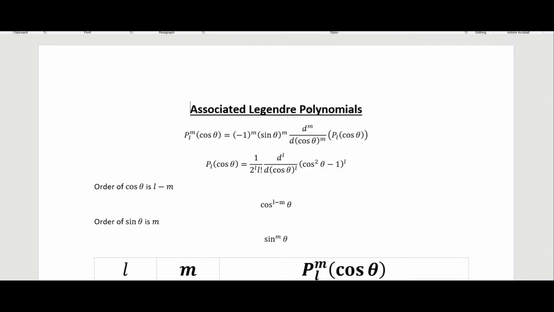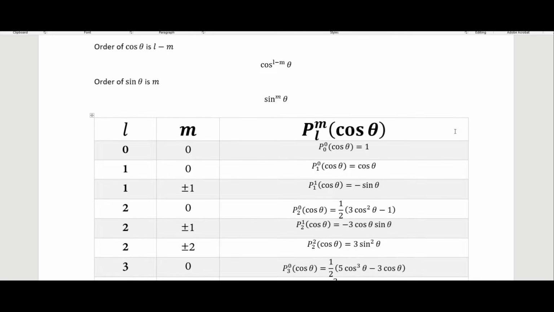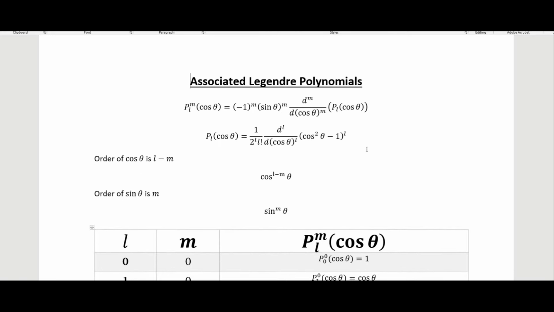And so the associated Legendre polynomials, remember, are the ones that give us the spherical harmonics. And so what we have here, this top equation up here, this is the associated Legendre polynomial. We see this over here, that is the Legendre polynomial, which is this right here.